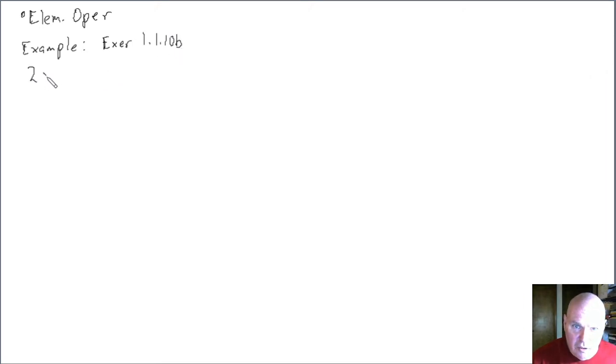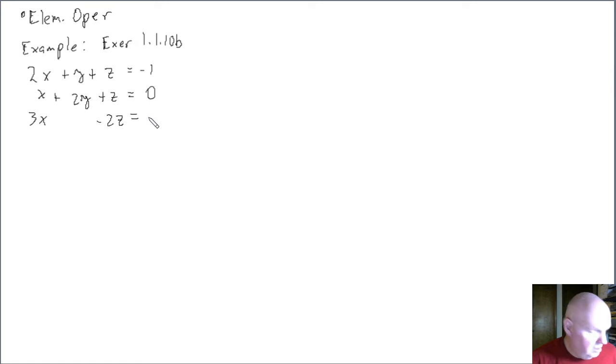The system of equations is 2x plus y plus z is equal to -1, and x plus 2y plus z is equal to 0, and 3x minus 2z is equal to 5.